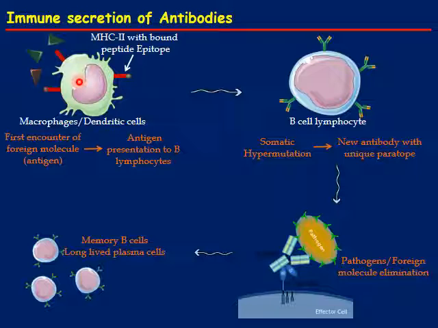After sufficient production of the antibodies, these will be released into the bloodstream where they will execute the elimination of the antigen. The Fab domain will be interacting with the antigen, whereas the Fc domain will be interacting with effector cells like macrophages.